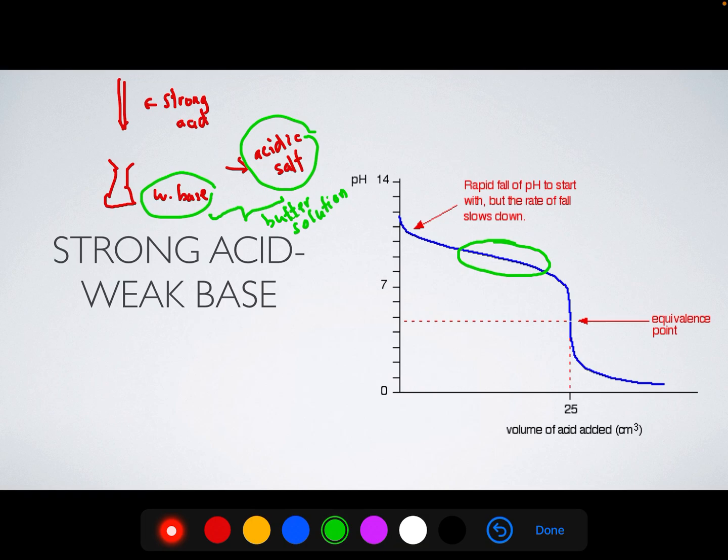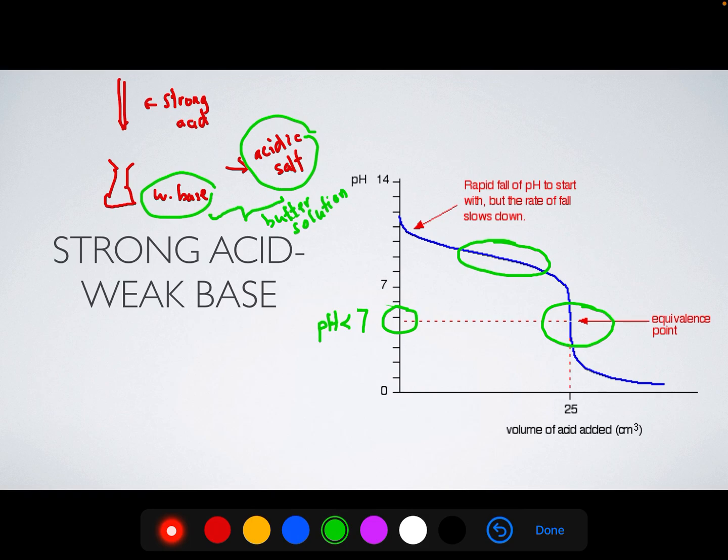Sehinggalah dia approaching equivalent point. So, equivalent point ni, like I have mentioned earlier, dia ialah when number of mole of acid is stoichiometrically equivalent with number of mole of base. So, kalau dalam keadaan strong acid and weak base, okay, the equivalence point will be less than 7. pH dia akan kurang daripada 7.